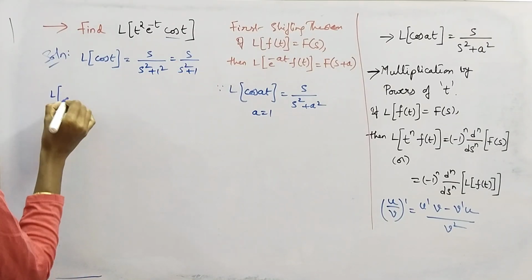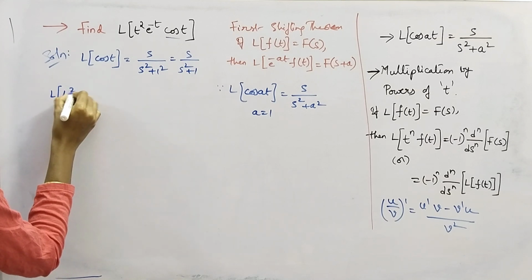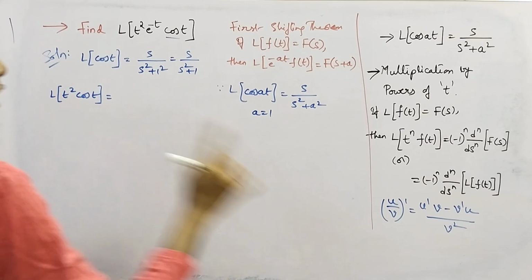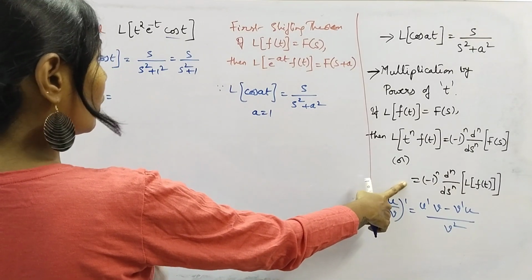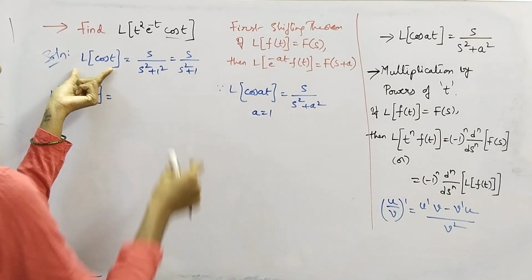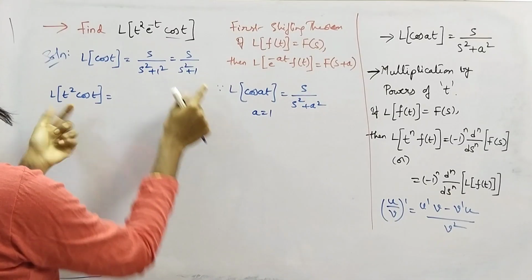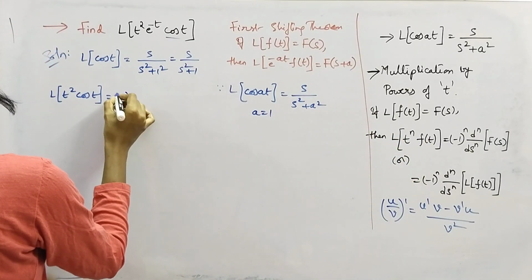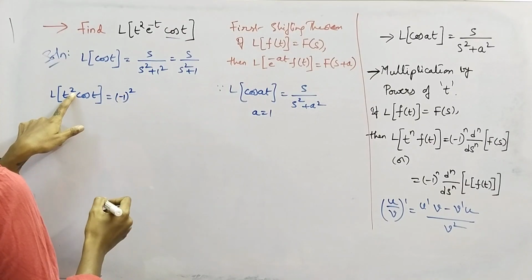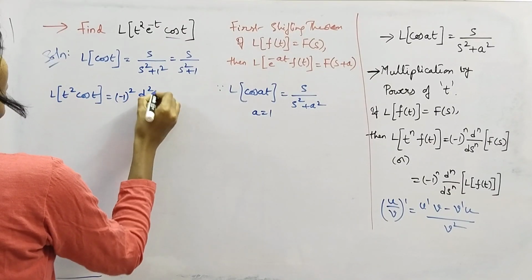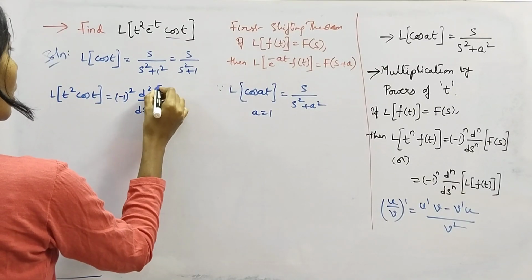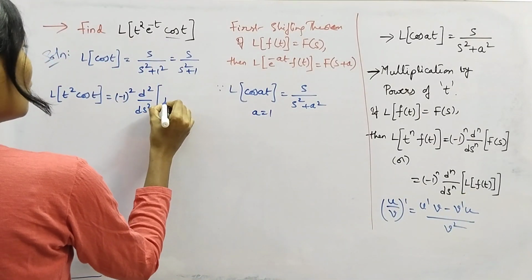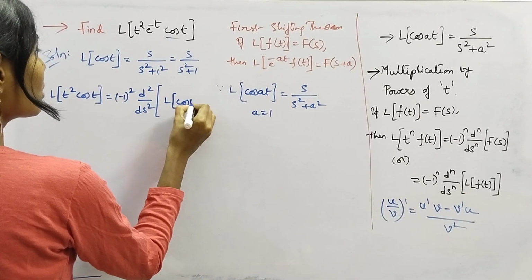Now I'll find L of, that is Laplace transform of t square cos t. I'm going to apply this formula. If L of f of t equals F of s, then L of t power n into f of t equals minus 1 power n, for n equal to 2, into d power n by ds power n into L of f of t, that is L of cos t.